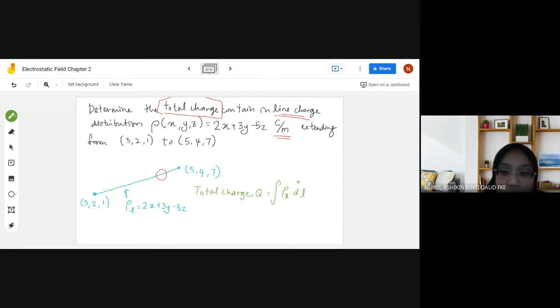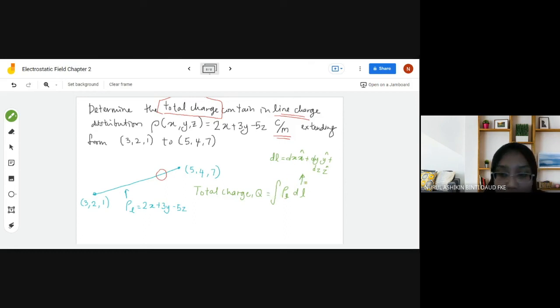We are dealing with Cartesian now, so dl is the one that we have learned in chapter 1. dl in Cartesian is dx along the x direction plus dy along the y direction plus dz along the z direction, right?